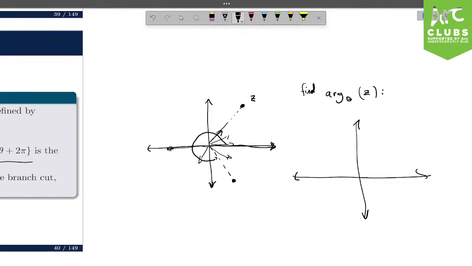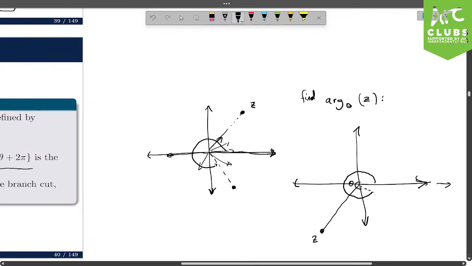First, you start looking forward, right? You start looking in the positive real direction. Say our number z is like here, right? You start looking in the positive real direction, and then you rotate some angle theta, which could potentially be more than 2π, right? So this is our angle theta.